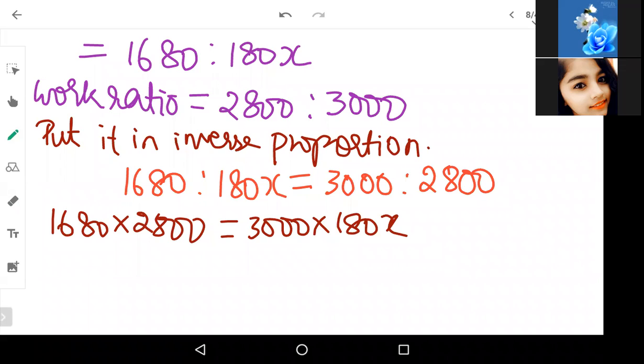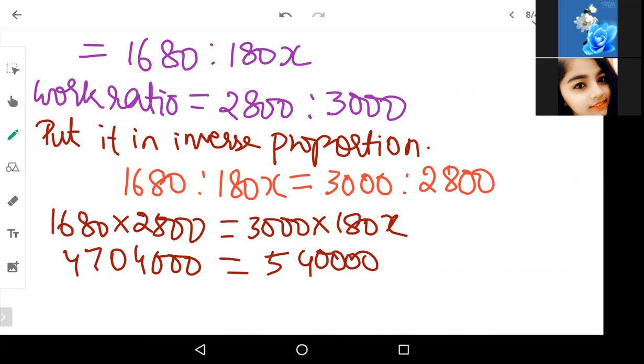Can you tell me the number? 1680 into 2800 is 4,704,000. Okay, 4,704,000. And here 3000 into 180 is 540,000x. Okay. Next step.